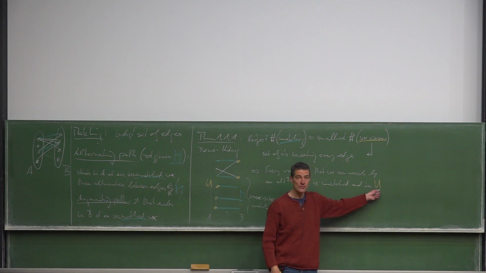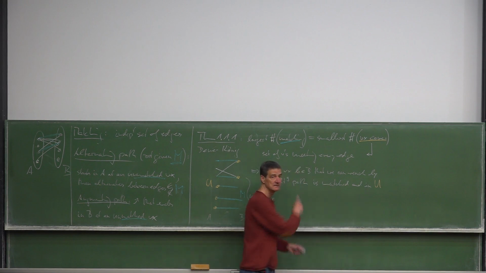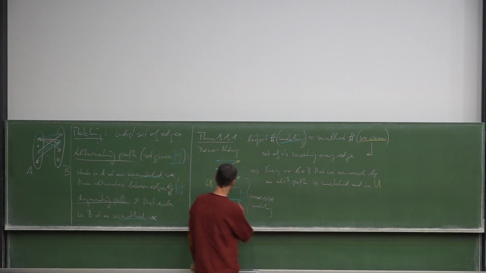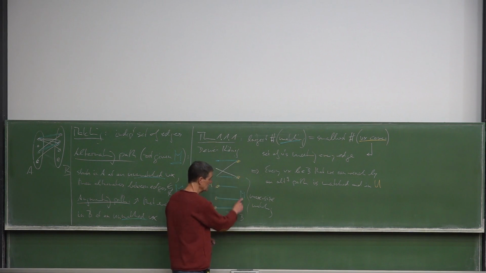Any U that does the job must contain that vertex. That's what I mean here. Not for an arbitrary U, obviously. For a U that does the job, we know that it must contain all the vertices in B that are matched and at which some alternating path ends.